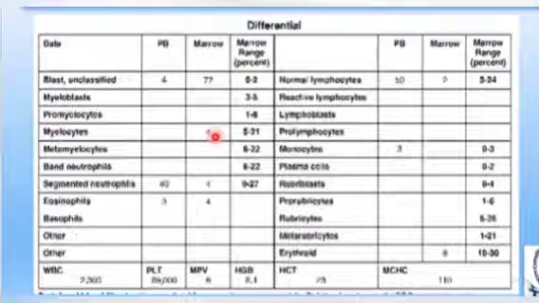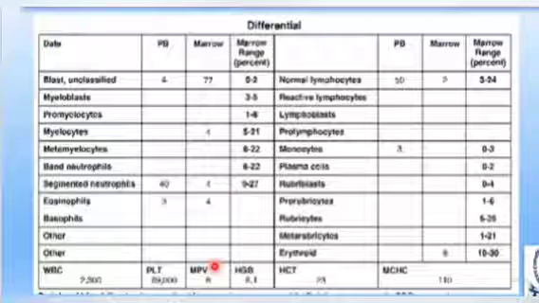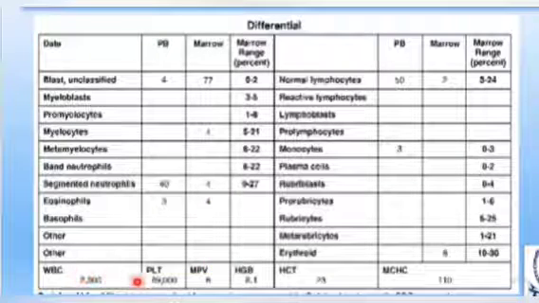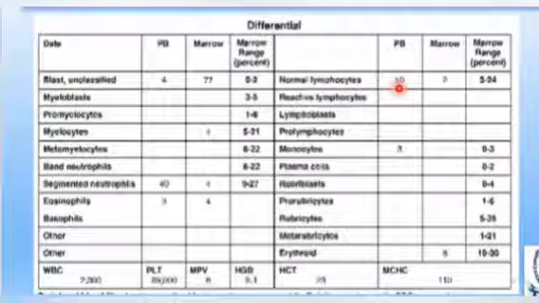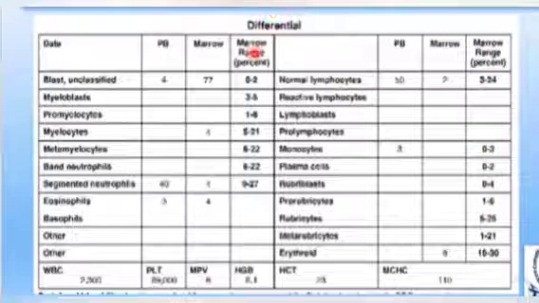Here you have myelocytes, then segmented neutrophils, then you have WBC count, platelet count, MPV, hemoglobin, and these are normal lymphocytes present in peripheral blood and marrow, and here is the normal percentage of the marrow range.